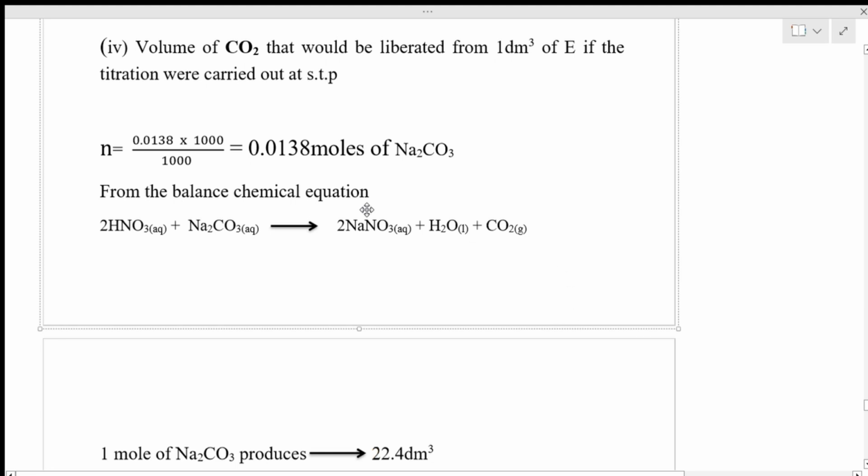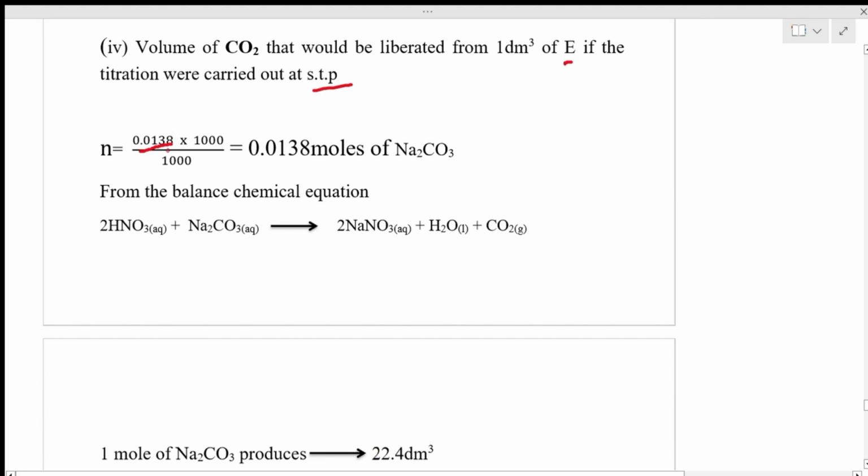So how do we calculate the volume of the CO2 that is liberated in 1 DMQ of E from the balanced chemical equation at STP? Remember, at STP, the volume is 22.4 DMQ. This value is obtained from the concentration of E in mole per DMQ above.